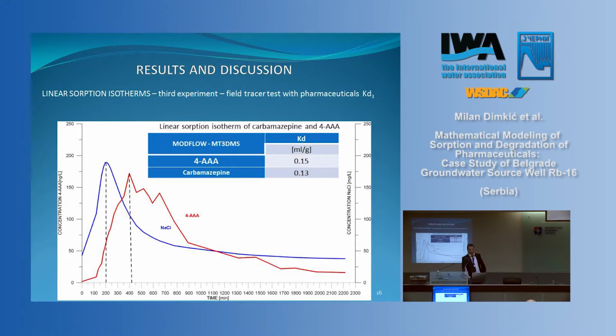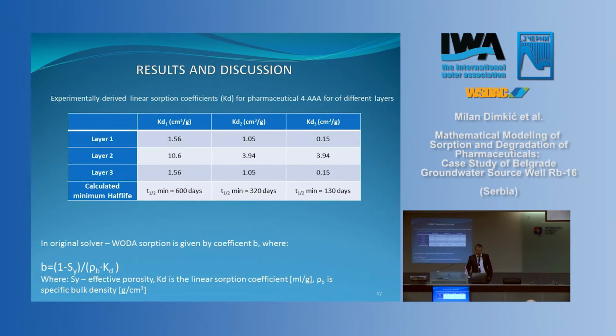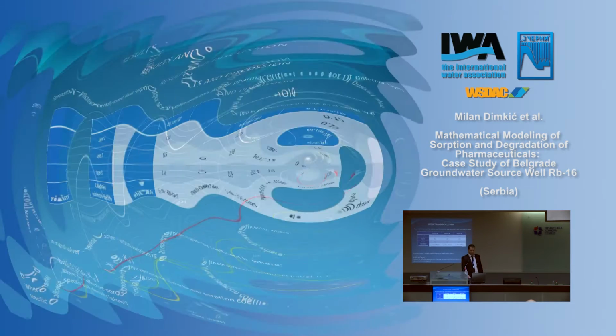And after that, we have the model, and we have data about this field tracer test. We also have the data about the sorption coefficient. After that, we have a scheme of 3 layers, and we put these coefficients in WODA, our solver.